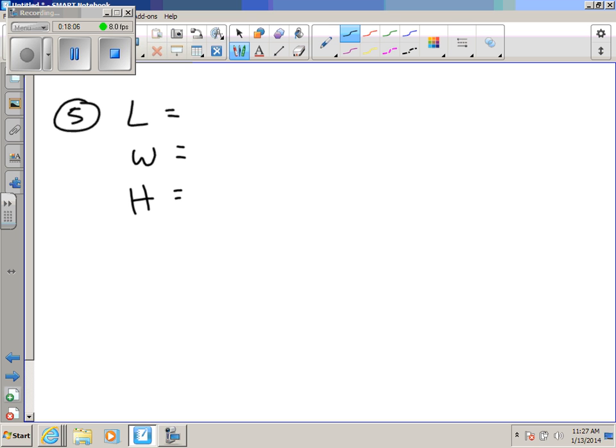Well, close. If I know that all of these measure out to be 7.5, the top is going to be the same as the bottom, which is going to be the same as the front, which is going to be the same as the back, which is going to be the same as both sides. Each face is going to measure the same.